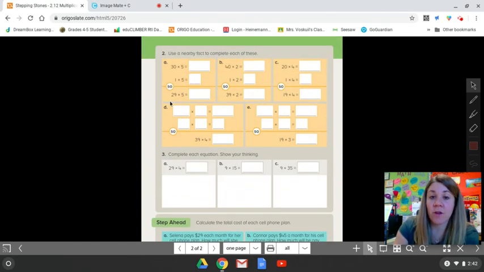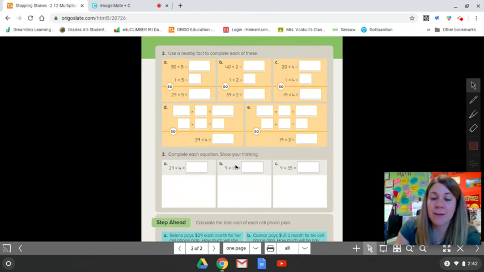On the next page, they have the larger problems like 29 times 5 or 39 times 2. Use 30 or 40 to help you and then subtract one of those rows.